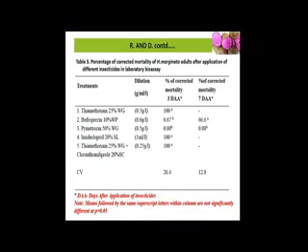This table shows the percentage mortality for different synthetic insecticides. We can see that 3 days after application, 100% mortality was observed from the thiamethoxam treatment, and from imidacloprid and thiamethoxam plus chlorantraniliprole.